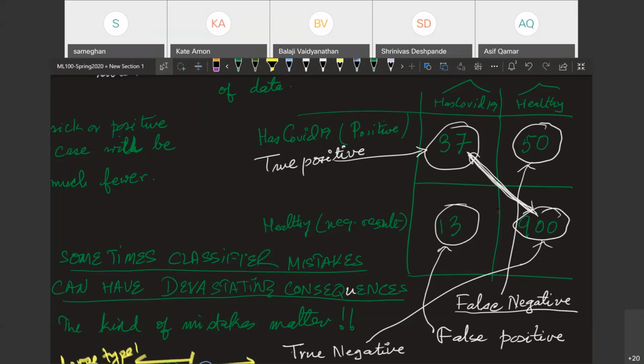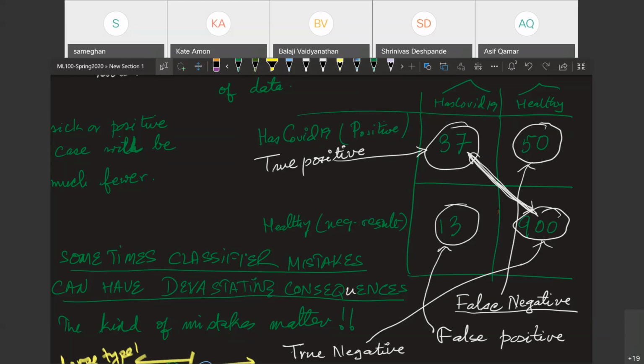Here's the thing. Suppose, like any other disease, most people don't have it. So I know from experience, or by looking at this data here, that about 87 people were sick and 913 people were healthy out of 1,000.